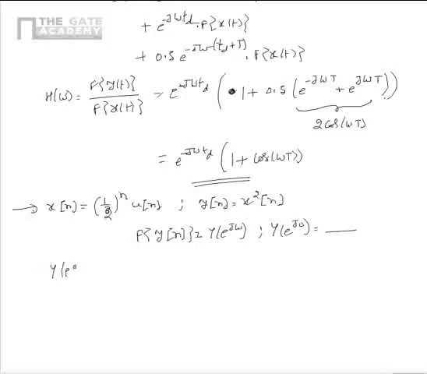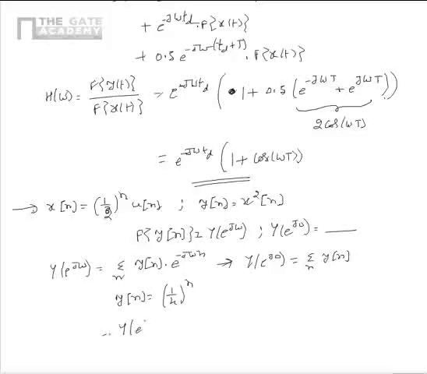We know that Y of e power j omega can be written as sigma n y of n multiplied by e power minus j omega n. So from this we know that Y of e power j0 is equal to sigma n y of n. But we know that y of n is equal to x square of n is equal to 1 by 4 whole power n.